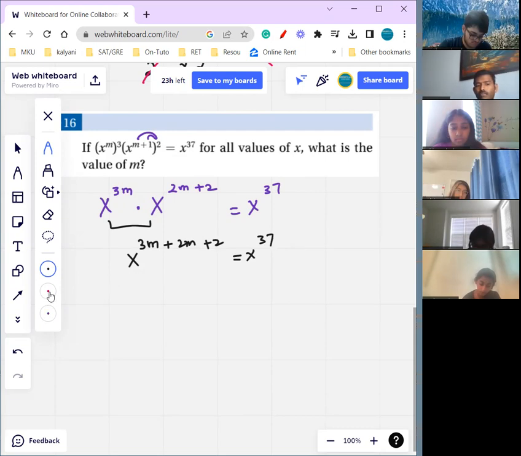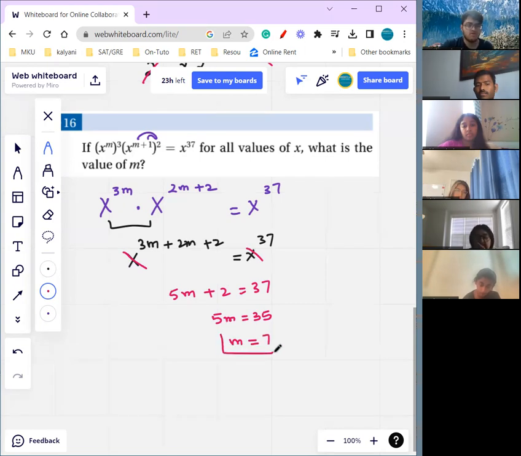Now, when you have the same base and an equal sign, you can get rid of the bases. So you can just simply write it down. 3m plus 2m is 5m plus 2, which is 37. And just a simple linear equation. Subtract 2, that's 5m is 35, m is 7. Good to go? Answer. Okay.